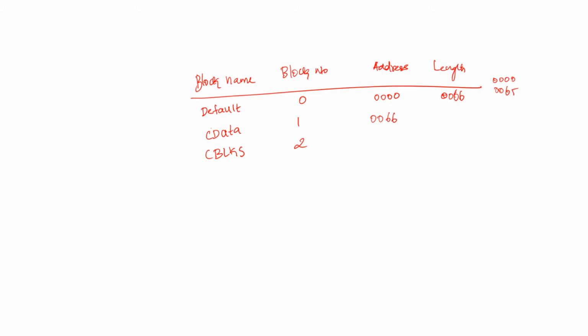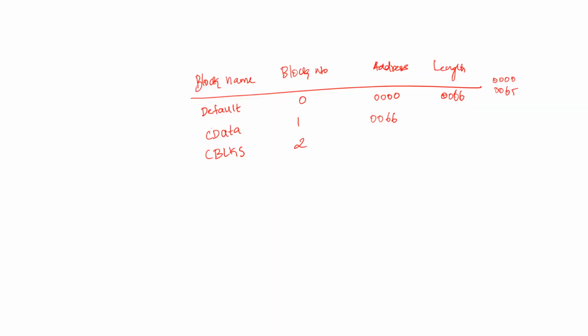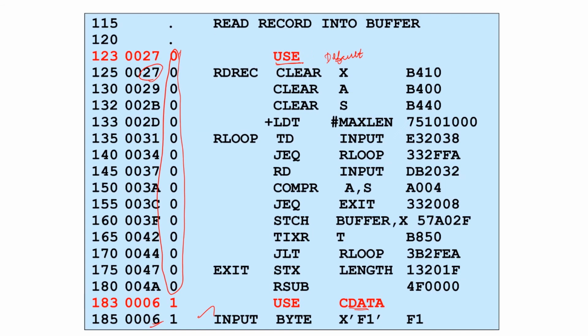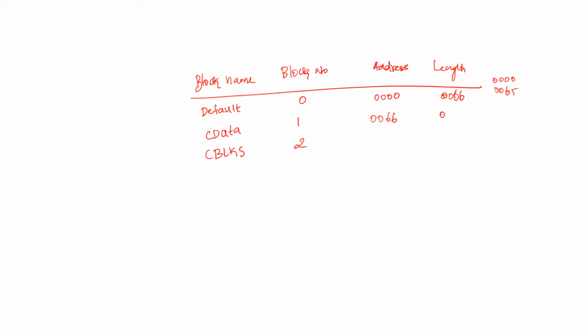Then we will see the length of block 1. So block 1 is 0, 0, 0A. So 0, 0, 0A means the length should be 0, 0, 0B. So you can see there in the program, the first block ends at 0, 0, 0A, so the length should be 0, 0, 0B.